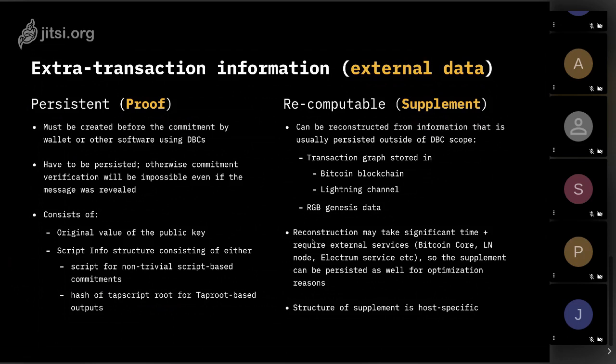And why the supplement is still important, even if it's recomputable and you don't need to keep it: the reconstruction may take quite a significant time or require you to be online to talk to the Lightning Network or Bitcoin Core. So while the supplement is not critical, it is still advised for many wallets to keep it. But the supplement has to be kept separately from the proof, just to avoid any chance of the proof being discarded or pruned together with the supplement data.